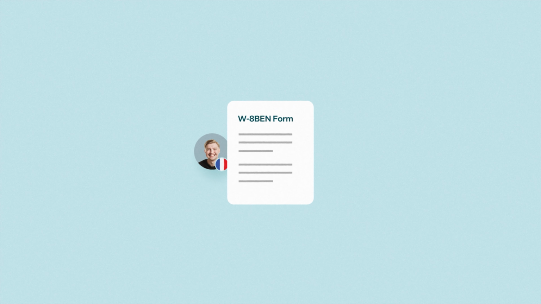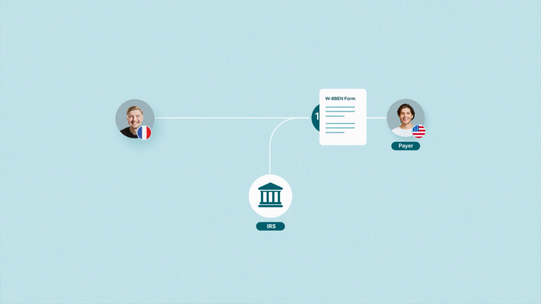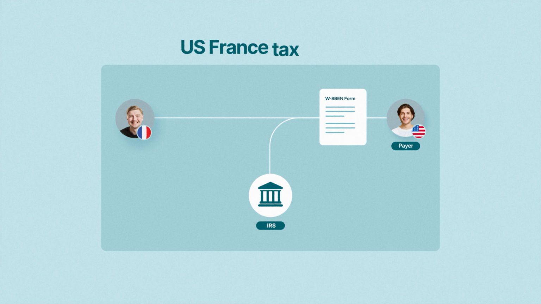For example, a contractor in France might fill out the W-8 BEN. That contractor in France can then claim a reduced withholding rate. This happens under the US-France tax treaty, and at the end of the day, potentially lowers their tax burden.